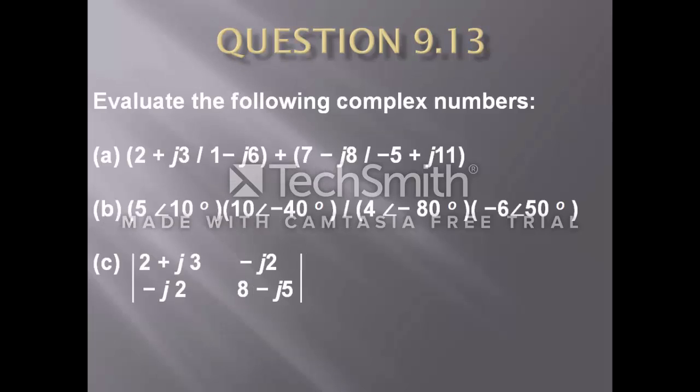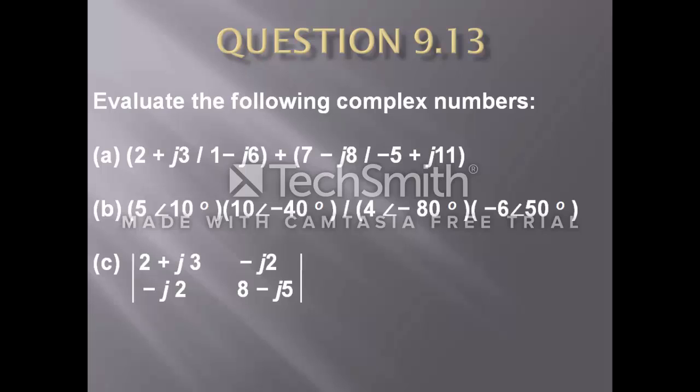Moving on to the last question of my part, 9.13, and the question is evaluate the following complex numbers. A part: 2 plus j3 divided by 1 minus j6, bracket close, plus bracket open 7 minus j8 divided by minus 5 plus j11, bracket close.